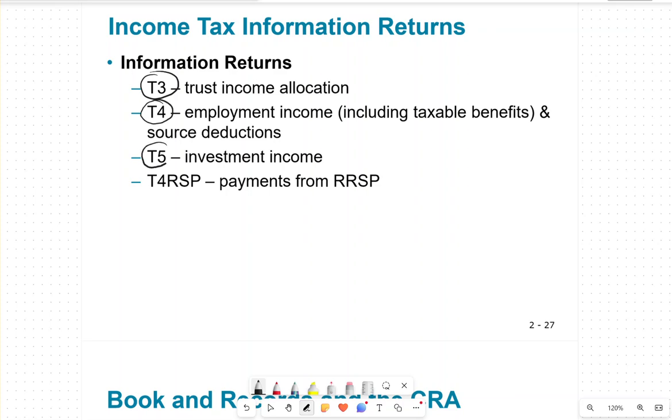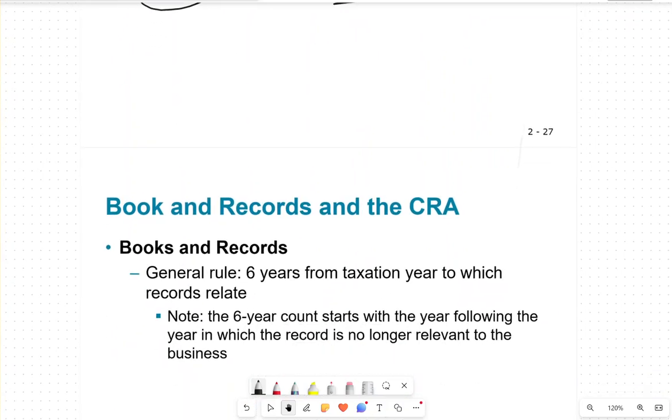If you have a lot of money and you invest it, you could get a dividend or interest, and then you're going to get a T5. T4RSP is a payment from the RRSP. If you contributed to an RRSP plan and now you're taking out the money, you're going to get a slip which you have to add to your tax return. That's what you have to do.